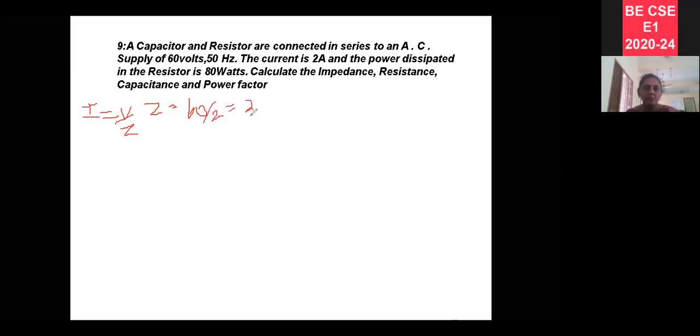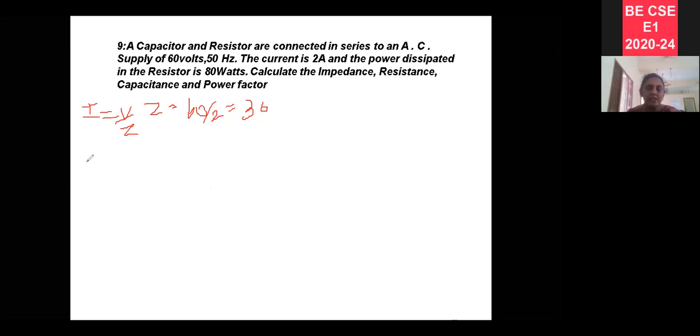Okay, what about resistance? Impedance is 30 now. How to calculate resistance? See, the power dissipated in the resistor is given.